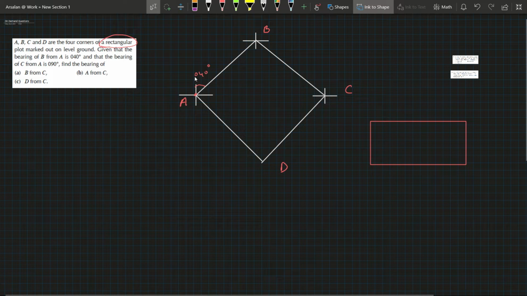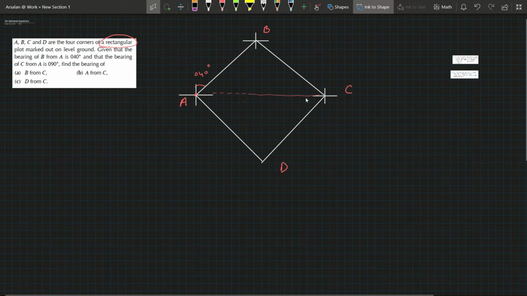So this is what you need to take care of, because whenever we see a rectangle, we straight away draw a rectangle like that. It is not the case in this question. You have to draw the rectangle according to the bearing given, okay? And the bearing of C from A is 090, means that it is at 90 degrees, so it will be on a straight line of east. You can see C is in front of A in the east, right?